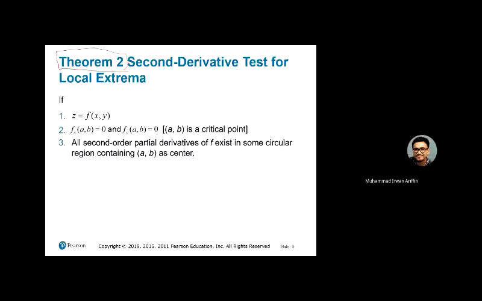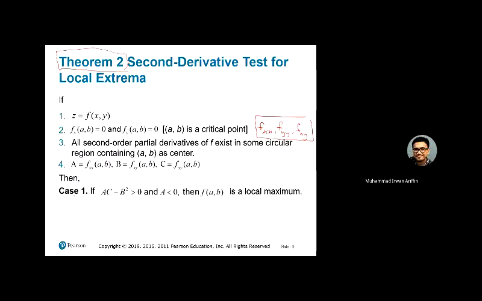All second order partial derivatives of f exist in some circular region containing A, B as center. So basically f sub xx, f sub yy, and f sub xy must exist. Then let's call f sub xx as A, f sub xy as B, and f sub yy as C. So we have 4 cases.